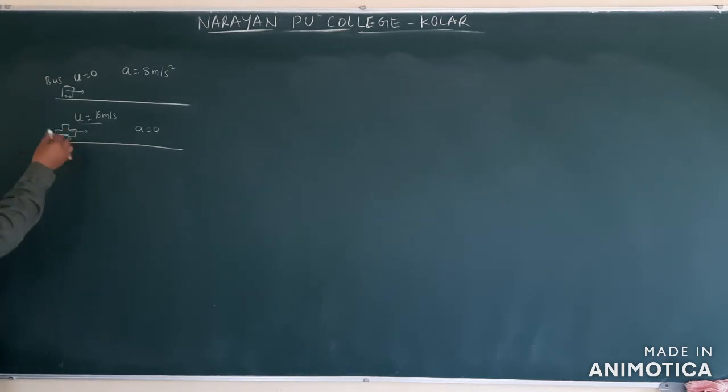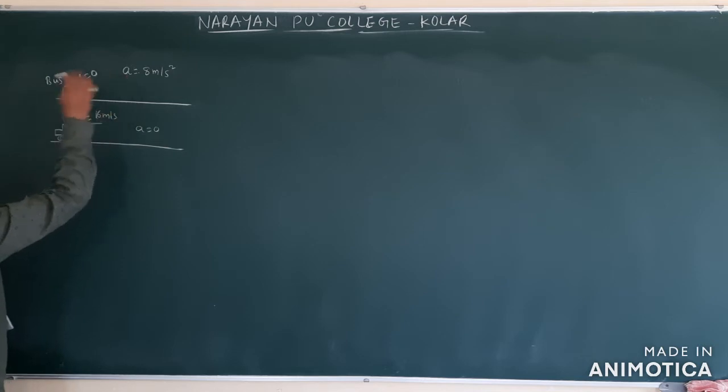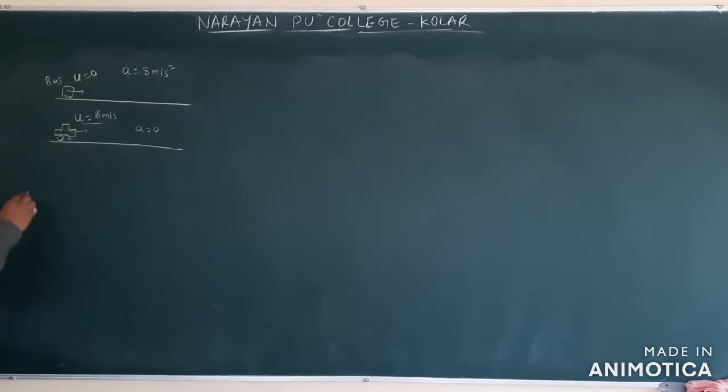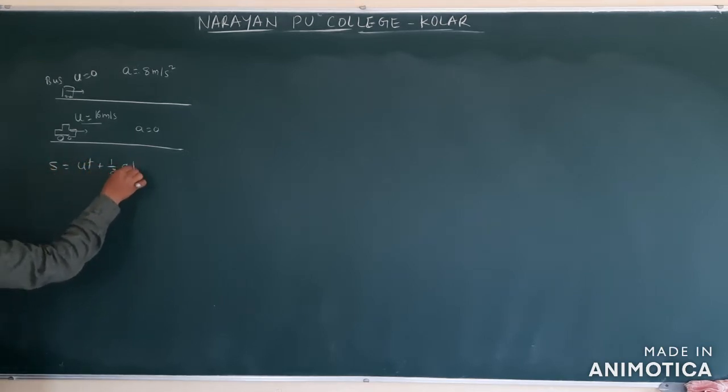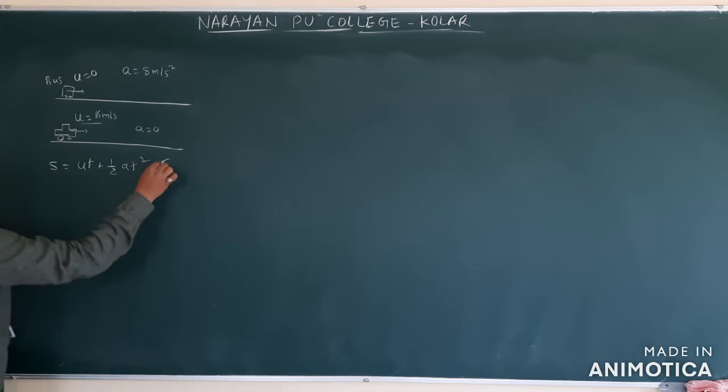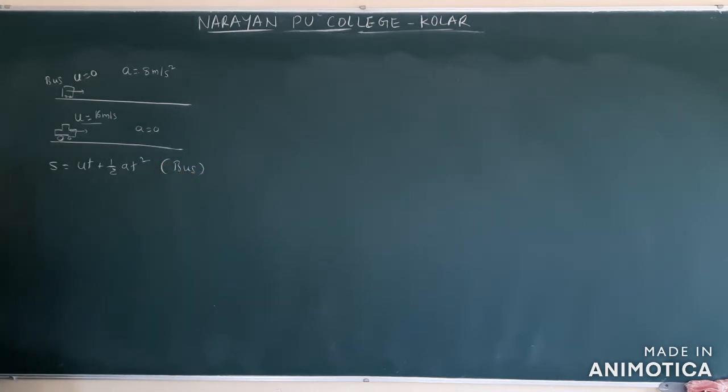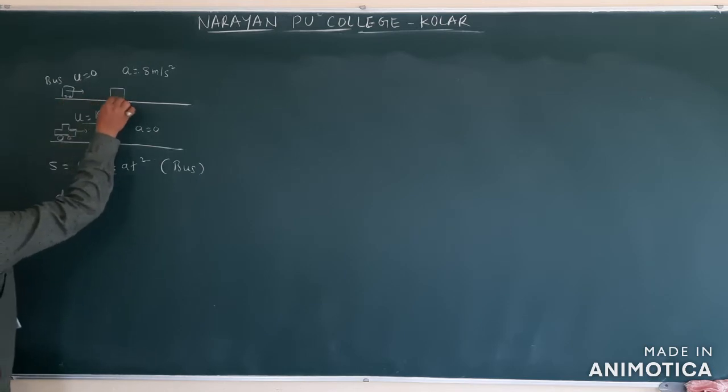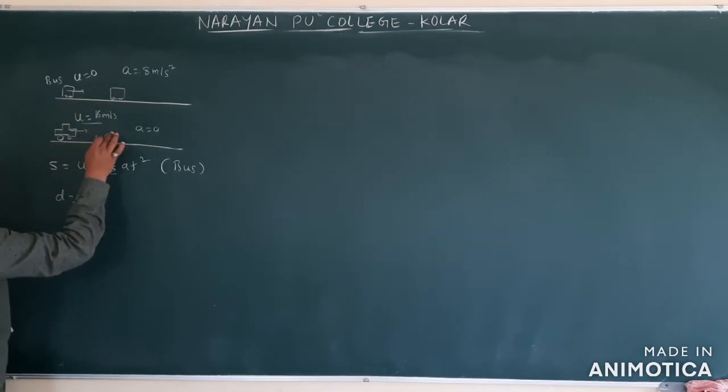For both we have to apply, knowing U and A, we should find time and distance. Therefore, which formula do we apply? S is equal to UT plus half AT square. First we apply it for the bus. S is the distance it is going to travel.